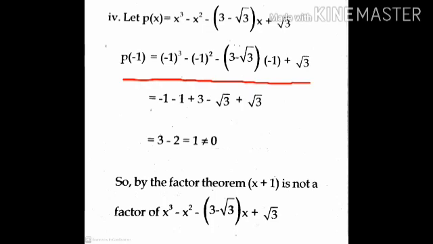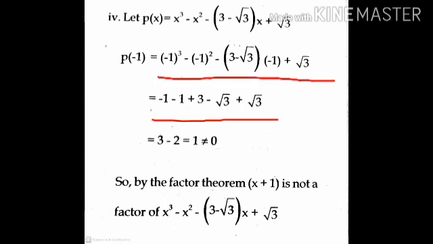That is, (minus 1) whole cube means minus 1, (minus 1) whole square means plus 1 into minus 1, minus 3 into minus 1 plus 3, minus into minus root 3 plus root 3, root 3 into minus 1, minus root 3 plus root 3.